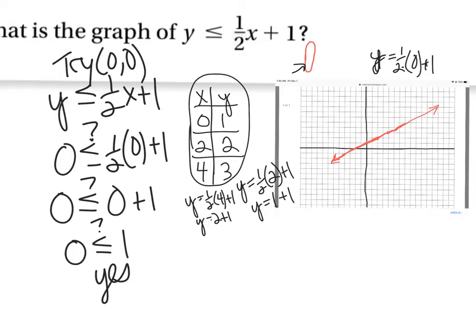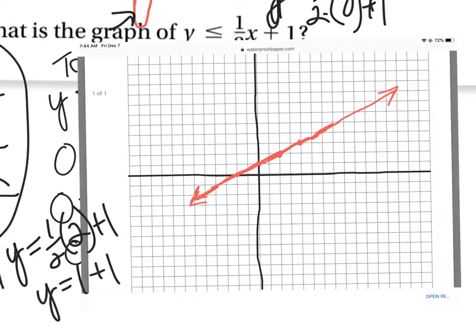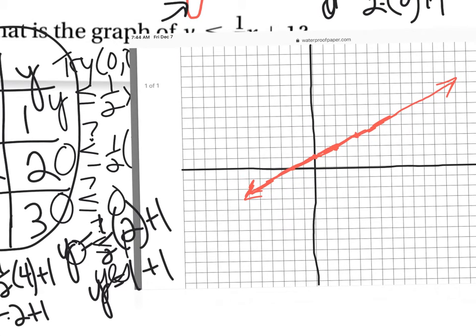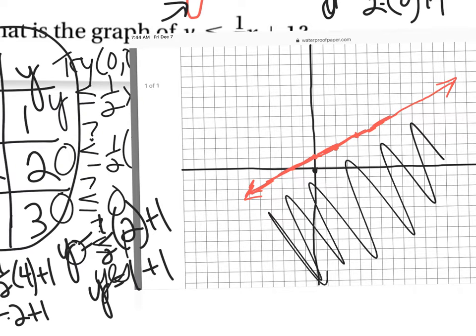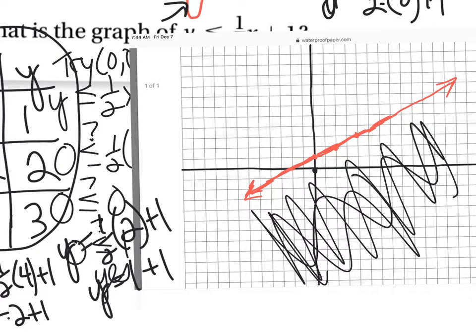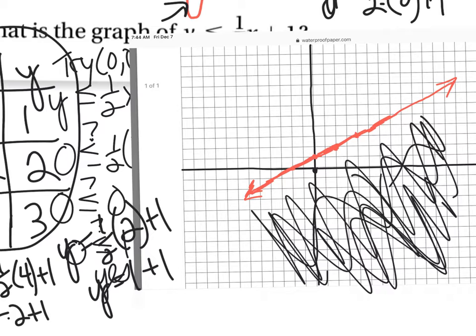Okay, so since that's true, that means 0, 0 is a solution, which is below the line, and that means everything below the line is going to work here. Infinite number of points down here that could work for this inequality.